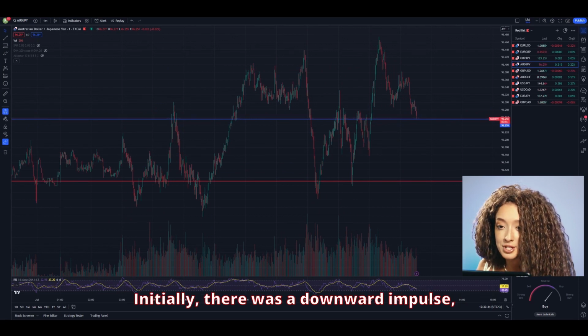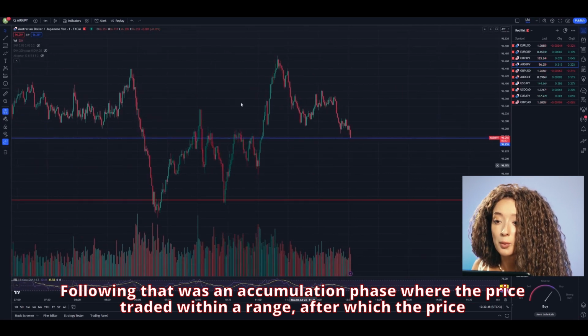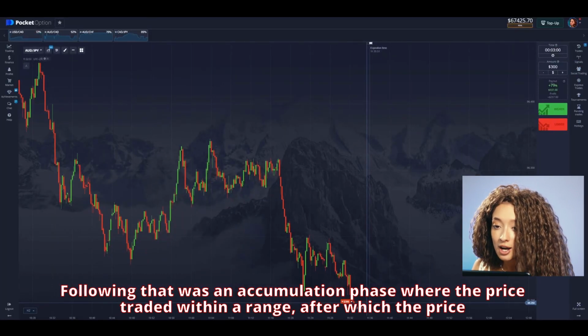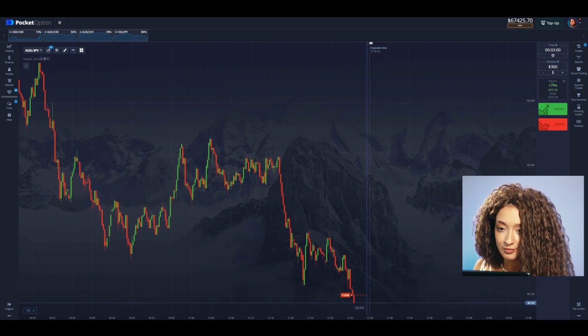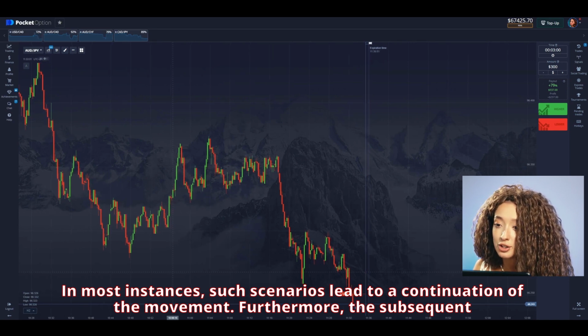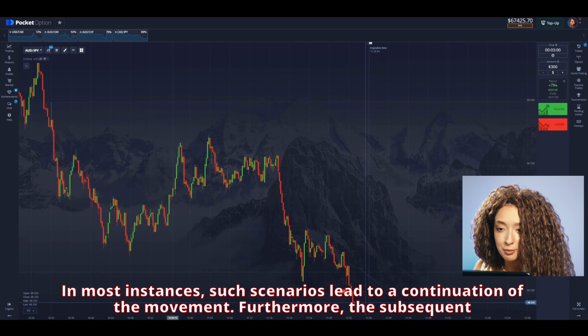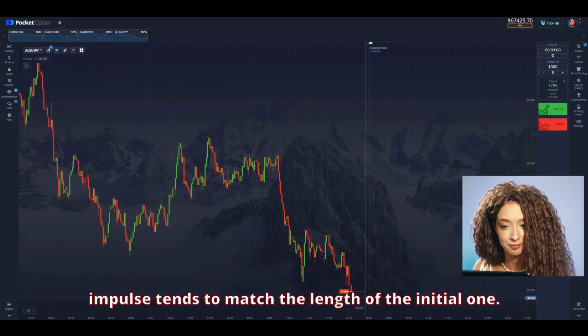Initially, there was a downward impulse. Following that was the accumulation phase where the price traded within a range, after which the price moved into a descent. In most instances, such scenarios lead to a continuation of the movement. Furthermore, the sustained impulse tends to match the length of the initial one.